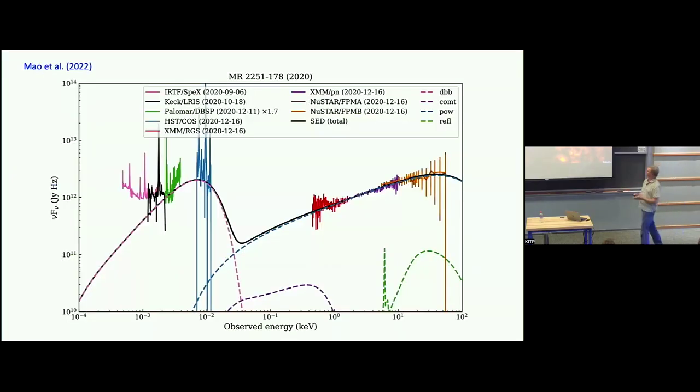This is a spectrum of one fairly representative object, and you can see here all the way from infrared through optical into the X-ray band. This broad bump that you can see in the optical is mostly the thermal emission from the accretion disk.